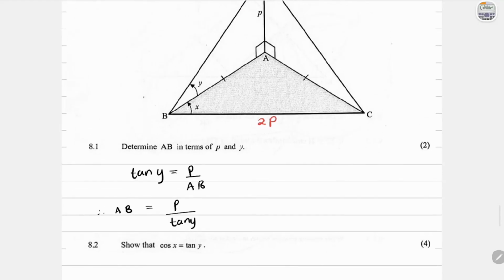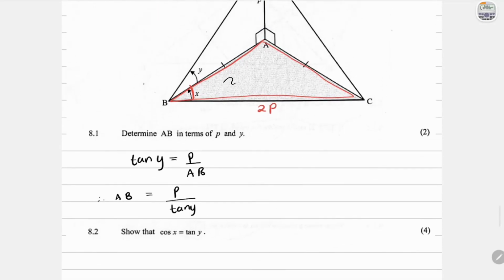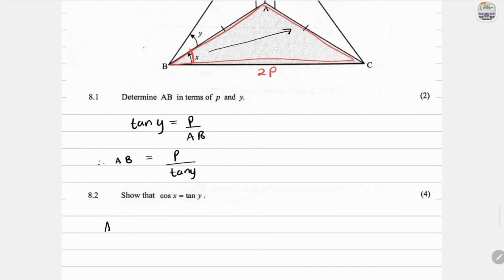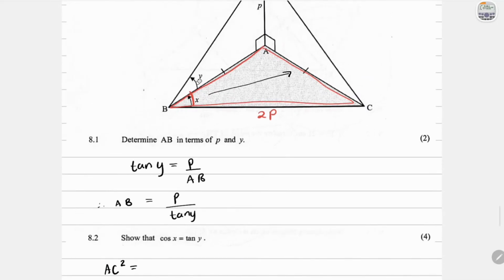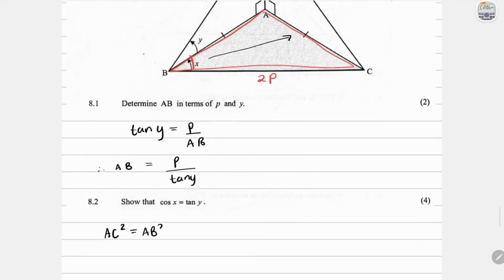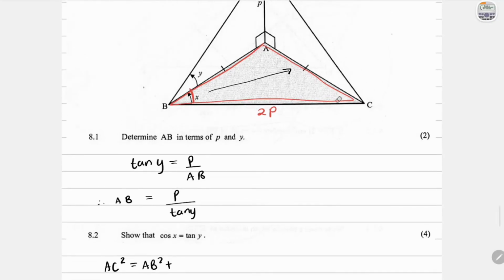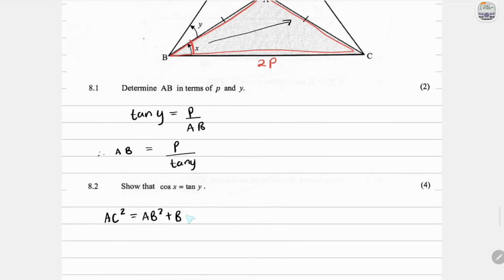So if x is the focus angle over here, we start by naming the side opposite that focus angle, which is AC. So the formula would be AC squared is equal to AB squared, the side next to that focus angle, plus BC squared, the other side next to the focus angle, minus 2 times AB times BC times cos of x.